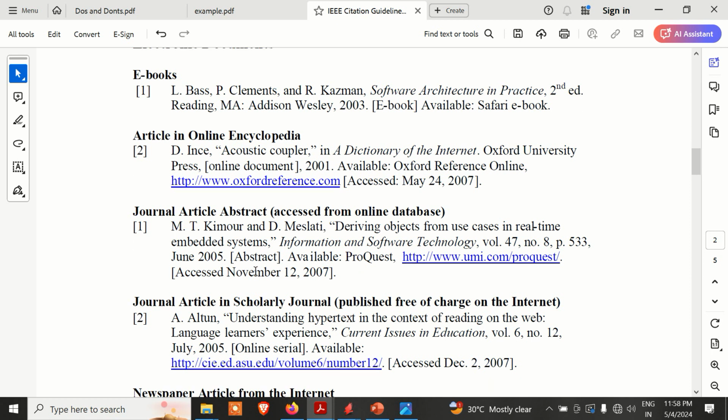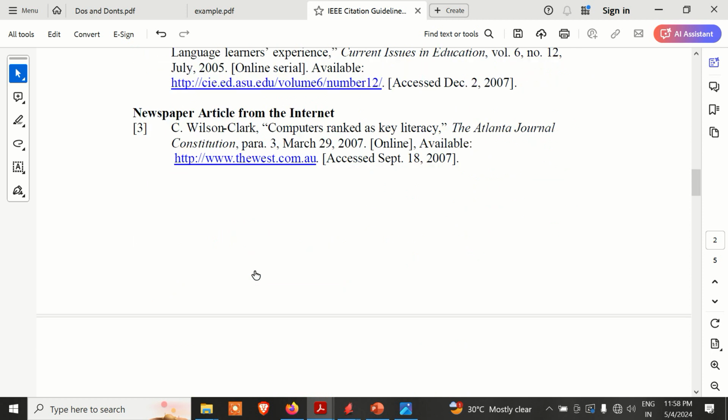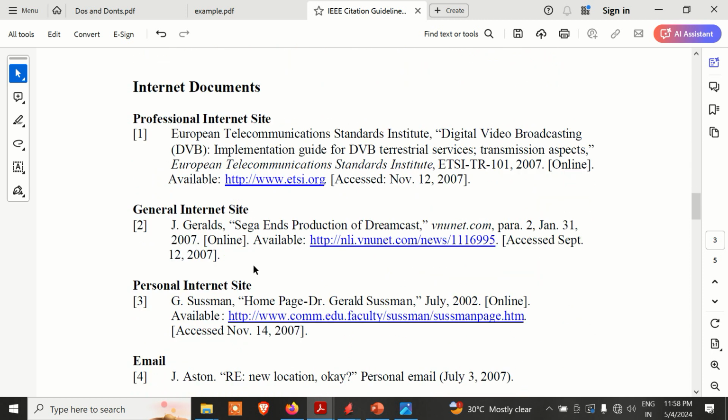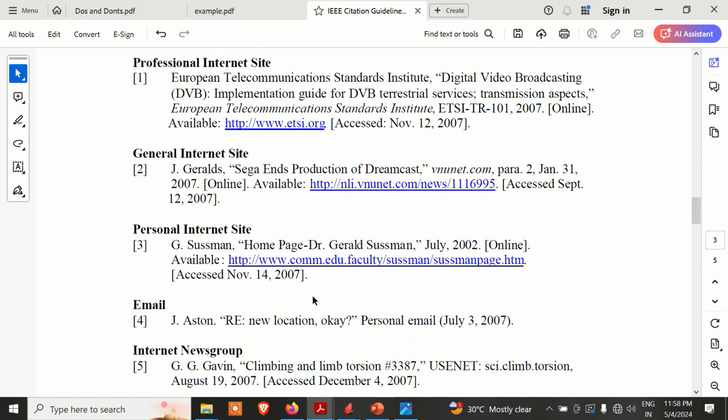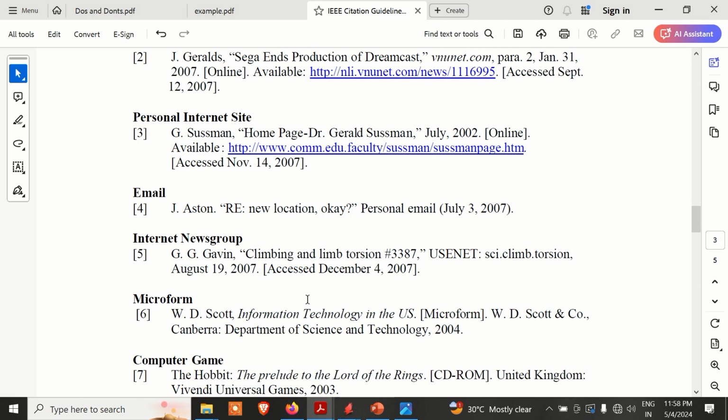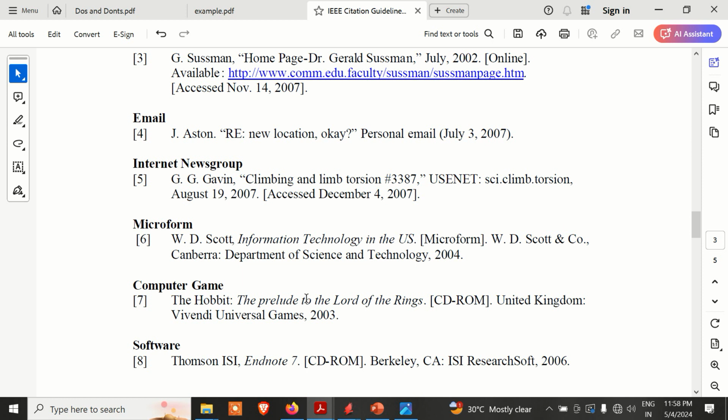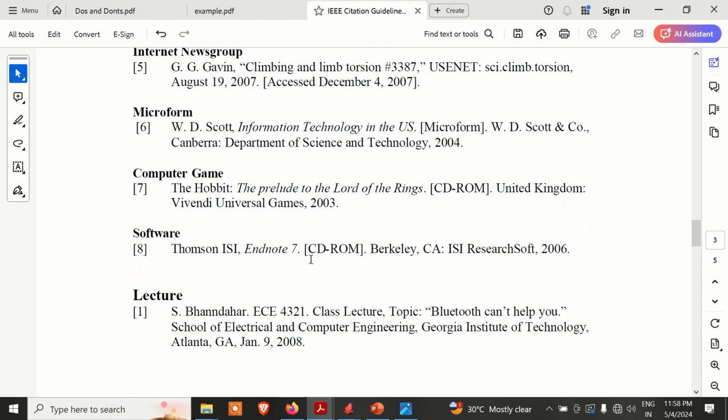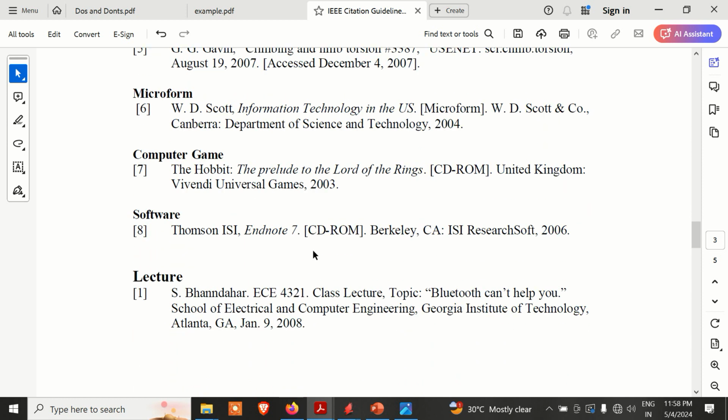This is the same, but it should also have the URL and when you have accessed it. So all public domain internet documents should clearly mention if it is online, say online, or give the URL when you have accessed them. If it is an email, say email, and so on.